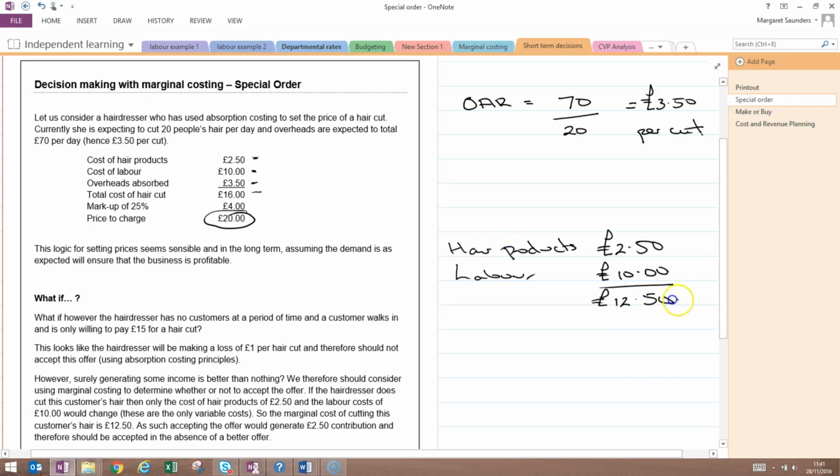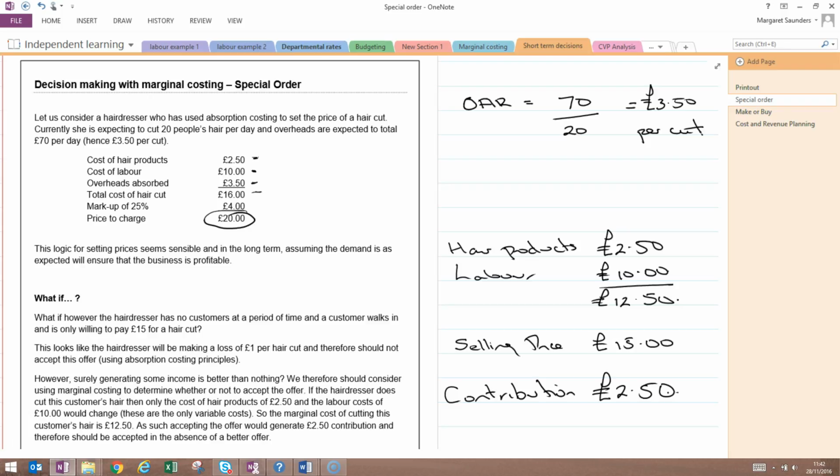The customer is willing to pay £15. So we've got a selling price of £15. So therefore there is going to be a contribution of £2.50. Remember, contribution is contribution towards fixed costs.